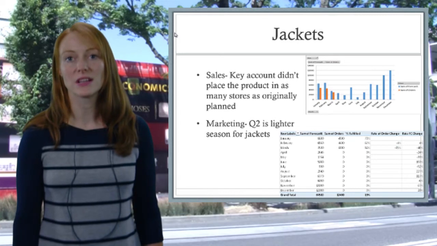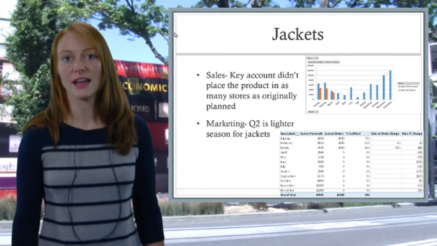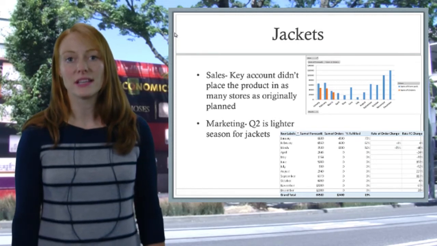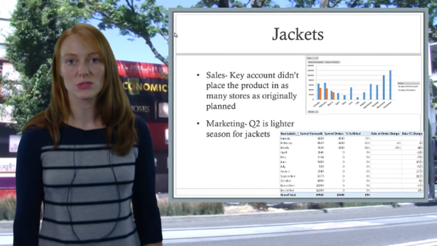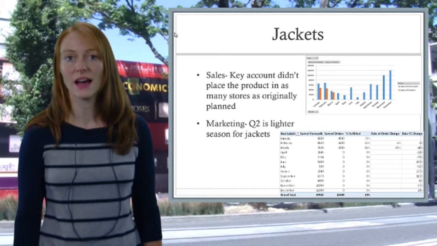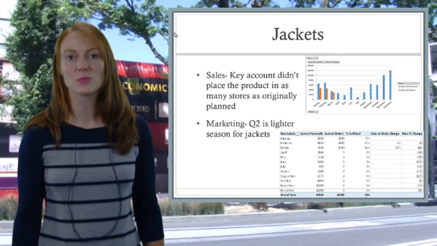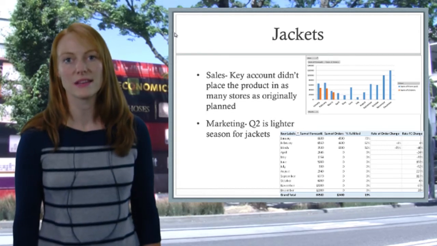So what will happen here is we'll naturally have a decline in orders versus forecast. Marketing can also let us know that Q2 is definitely a lighter season for jackets as we start to go into the spring season. So they would also anticipate that orders would continue to decline. From both of our partners, we can see that a decline is probably what we're anticipating.